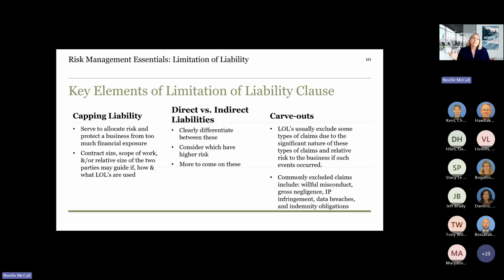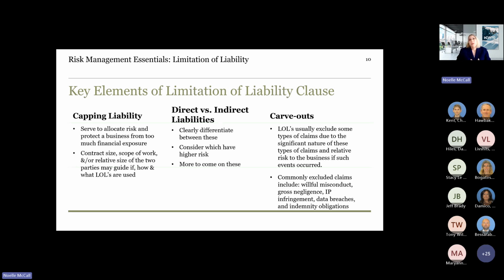Now, there are direct and indirect liabilities, so we'll take a look at this. We want to clearly understand the difference between these two and which ones may have higher risk than the other. Typically, indirect liabilities can have a broader implication and risk than direct, but it depends on a lot of factors. So more to come on these. We'll take a look at some examples of just what are these two types of liabilities in a bit.